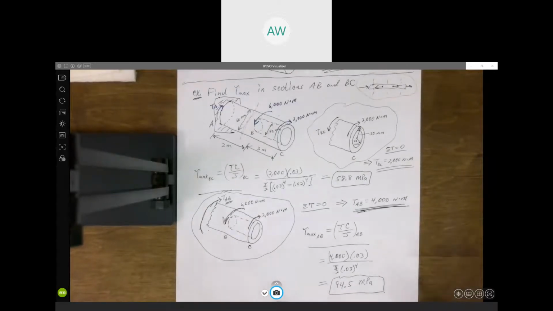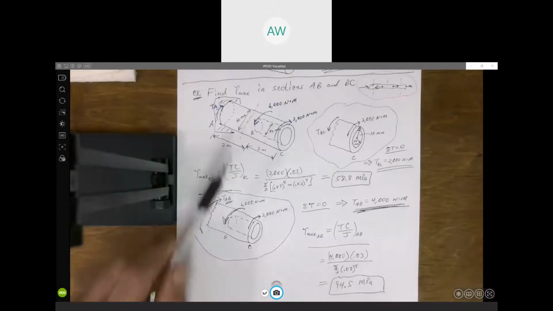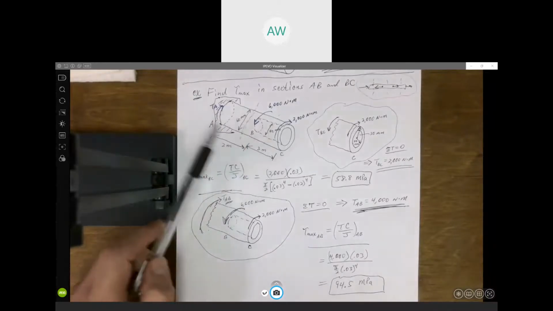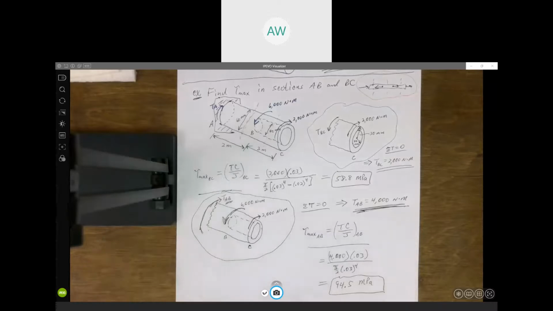So that's going to be the maximum shear stress in this part of the shaft between A and B. Anywhere between A and B, that's going to be the maximum shear stress. It's always going to occur at the outer surface. That's where you reach the maximum shear stress, always the outer surface.